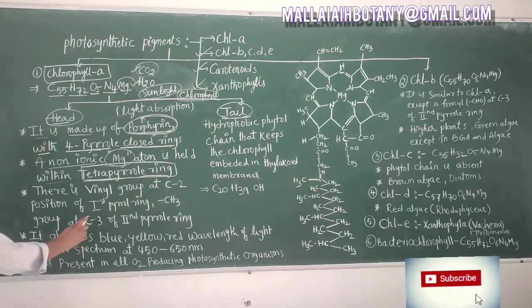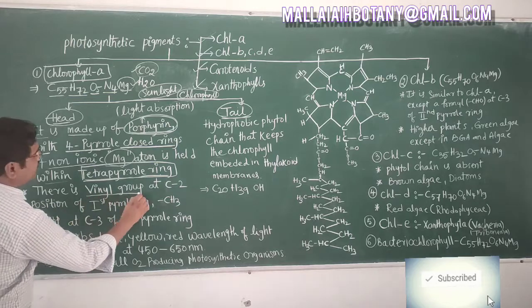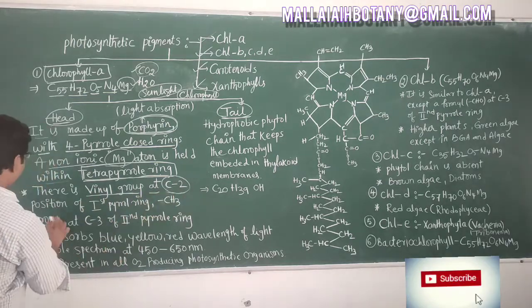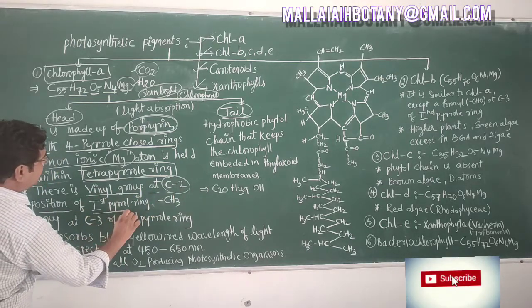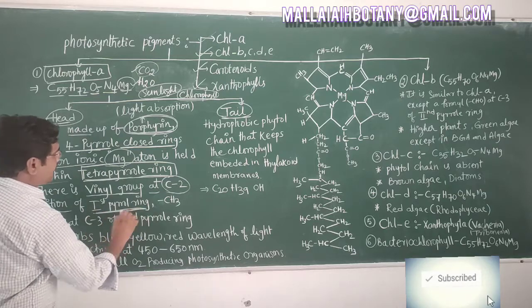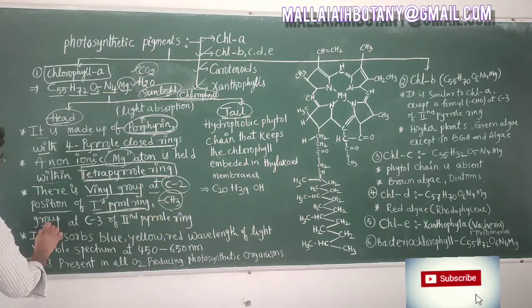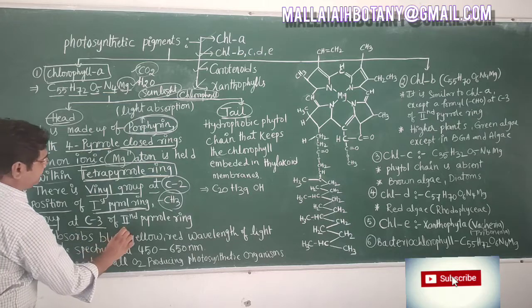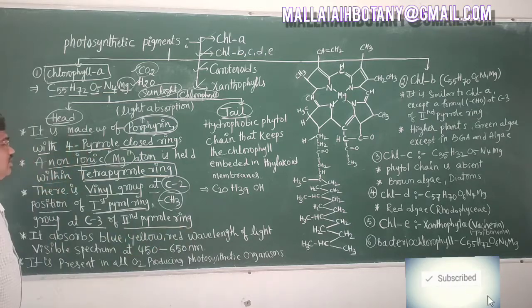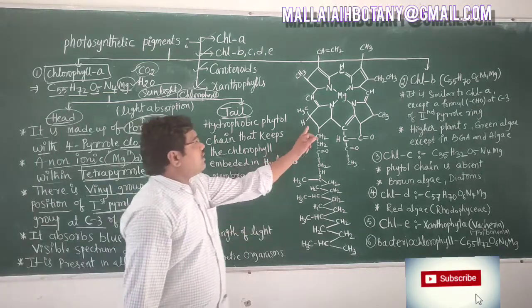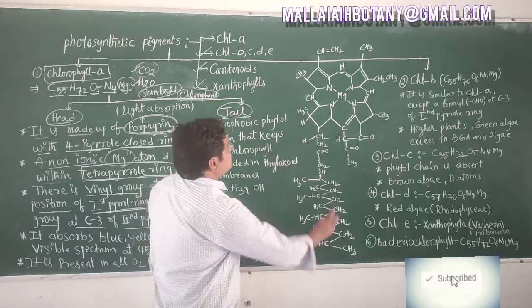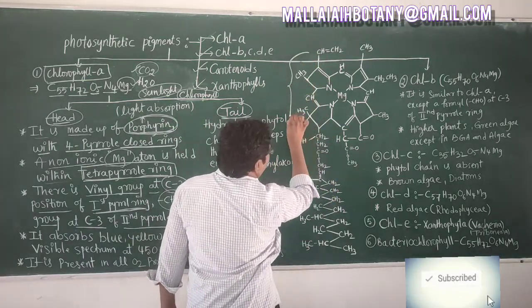Next, in chlorophyll A there is a vinyl group at the carbon 2 position of the first pyrrole ring, and a methyl group at the carbon 3 of the second pyrrole ring. Here is the structure of the chlorophyll.